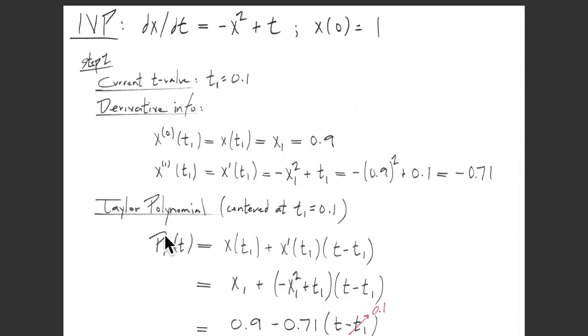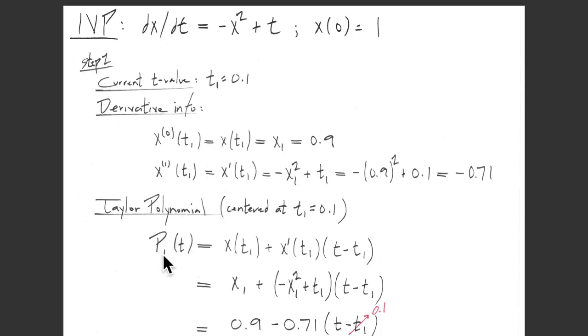So our first degree Taylor polynomial now centered at time t equal 0.1 would be 0.9 minus 0.71 times the quantity t minus 0.1. So what I'm going to do to compute my next solution step is simply plug in my next t value, which would be my t1 plus my delta t, which you remember is 0.1.